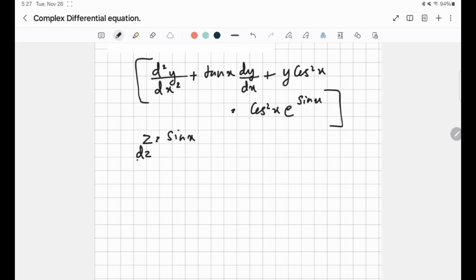So dz over dx equals the differentiation of sin x, which is cos x.